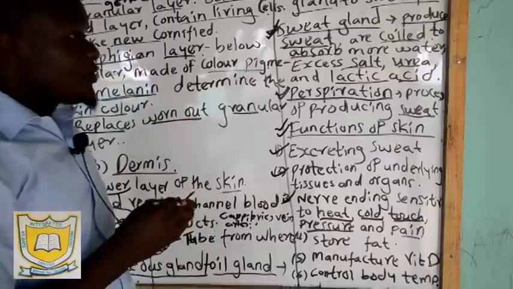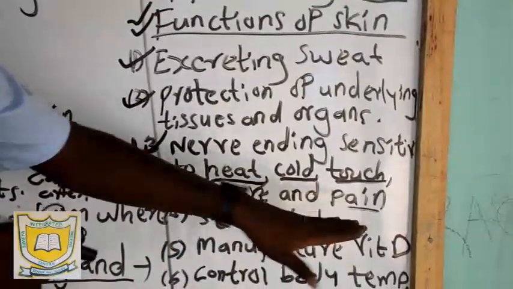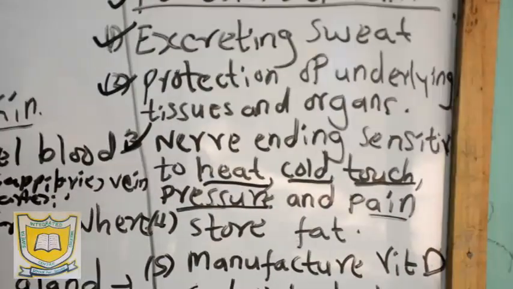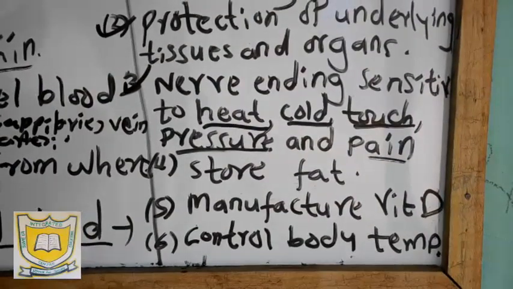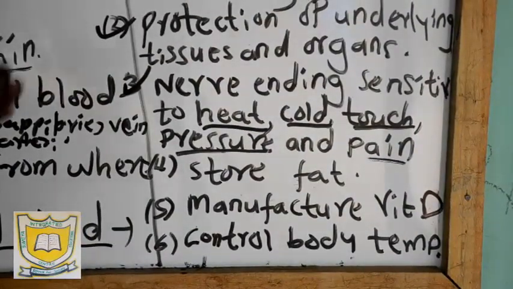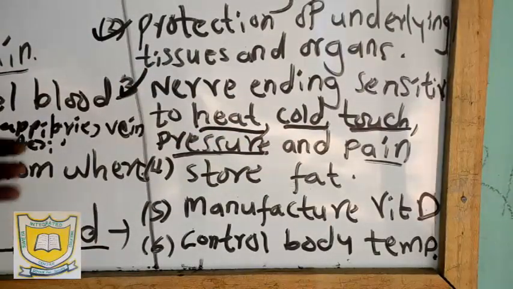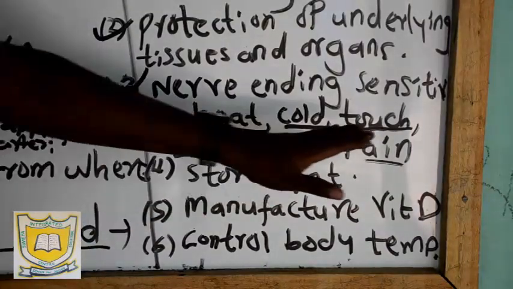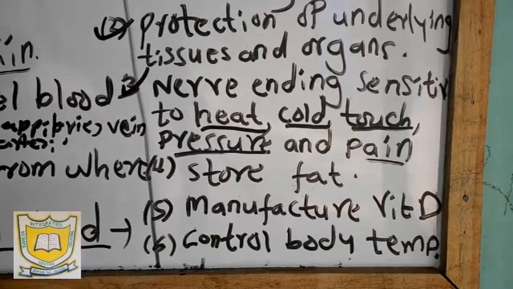So what will make a person feel like he's having pain is because of the presence of the nerve endings on the skin. So if somebody touches you here, you will sense, and the information is sent to the mind, and you realize that no, there is an increase in temperature, or a decrease in temperature, you go and wear a sweater, or somebody has touched me, that is because of the presence of the nerve endings.